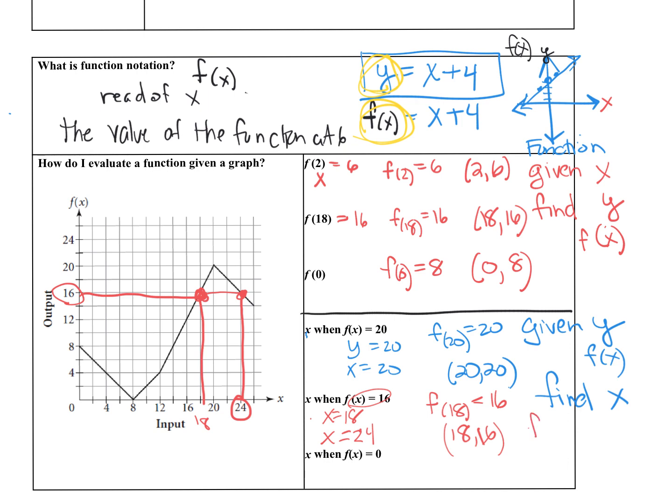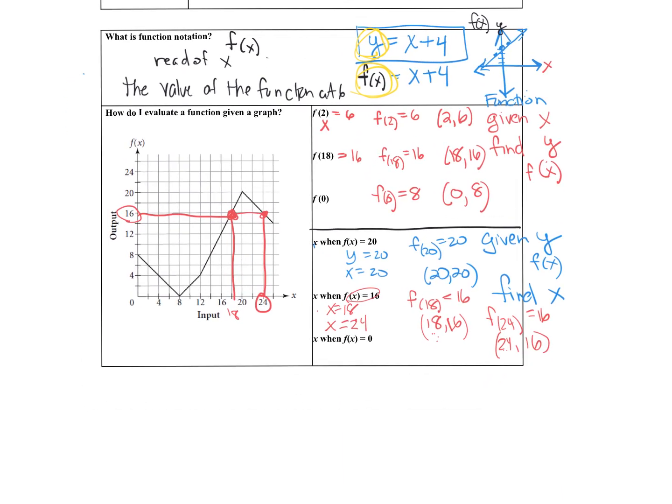So this second one, we would write that the value of the function when x is 24, y is 16, and that is the point 24, 16. Still a function because it's not our x values that are repeating, which would make it not a function. The y values are allowed to repeat.